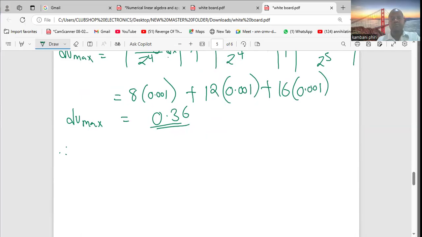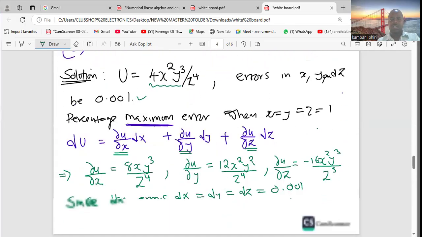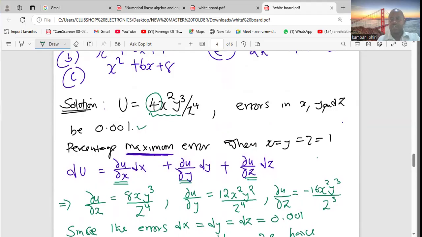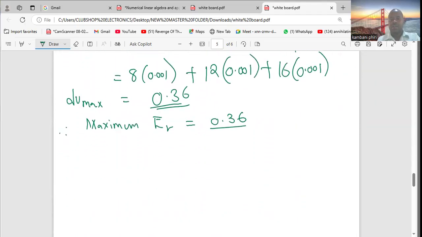So we say, therefore, the maximum percentage error is equal to 0.036 divided by the original function value, which is 4 here. We'll divide this by 4. Okay? This is what we get as our maximum relative error.